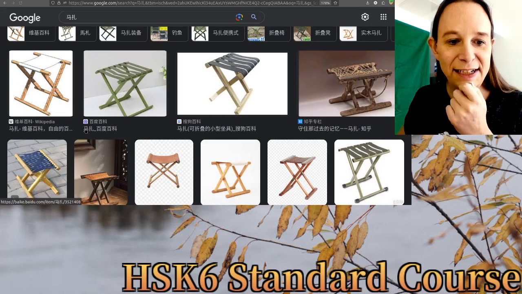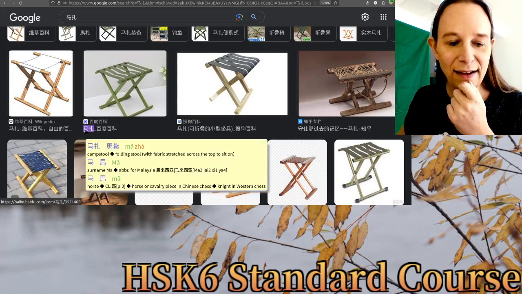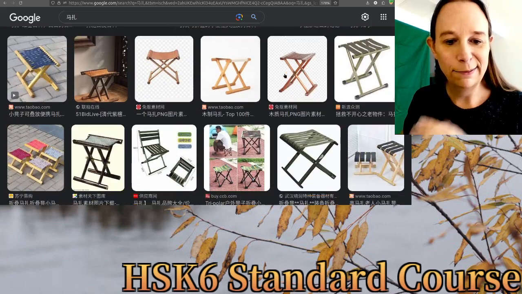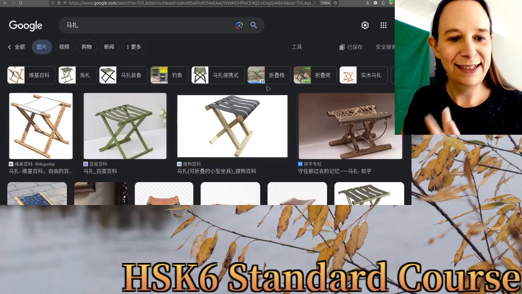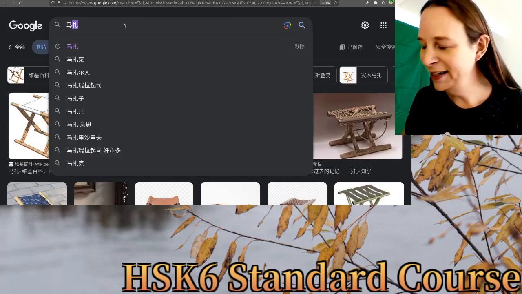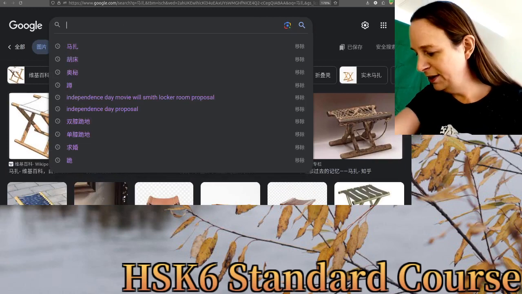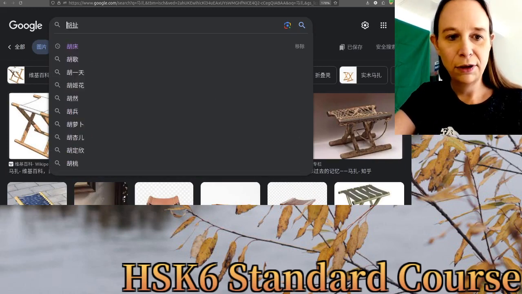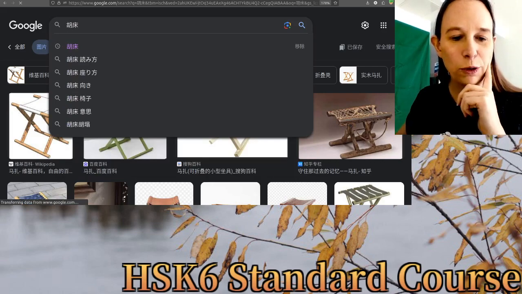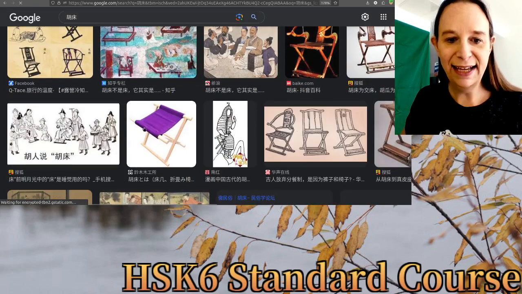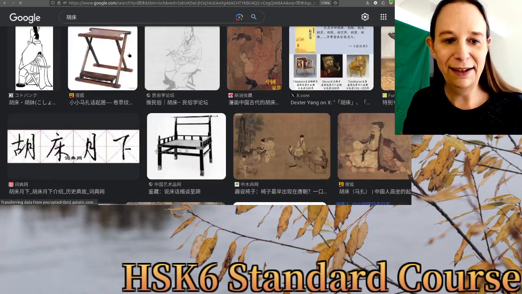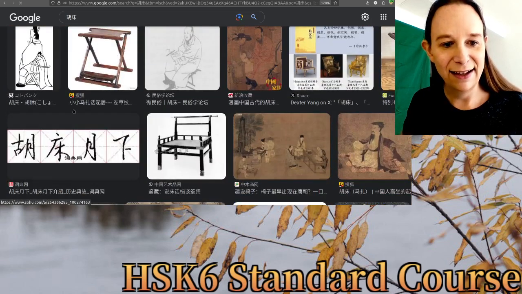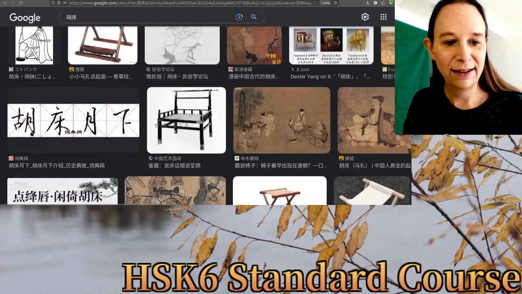This is maja, right? Sorry, I said the wrong thing. This is convenient for having somewhere to sit if you go fishing or something like that. So here they called it 胡床. It's not exactly the same, but it's kind of similar. It's the same concept. That looks very close to 麻扎. 小小麻扎. Maybe it's the same thing.